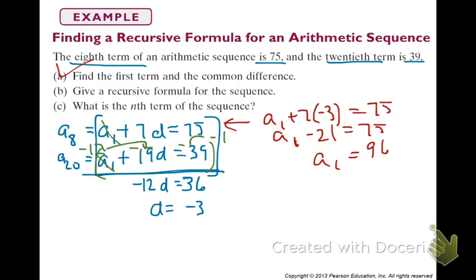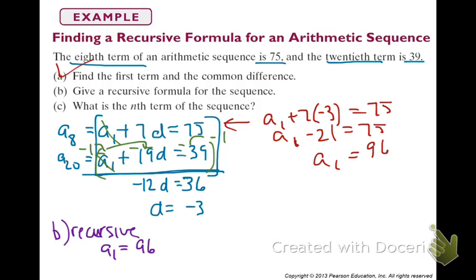Okay, so now we're going to write our formula. So now we're going to do b. To write recursive, what's the very first piece of information they always give you? a sub 1. We found that to be what? 96.